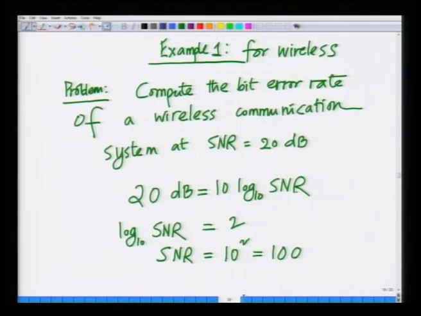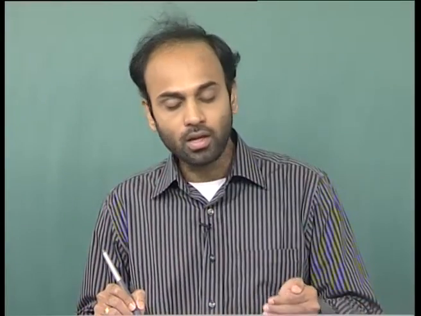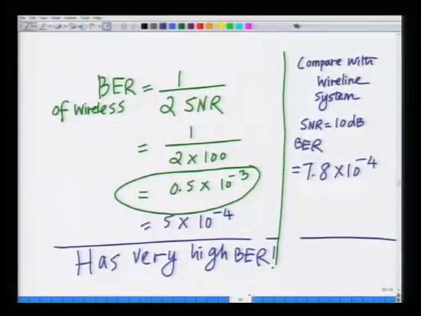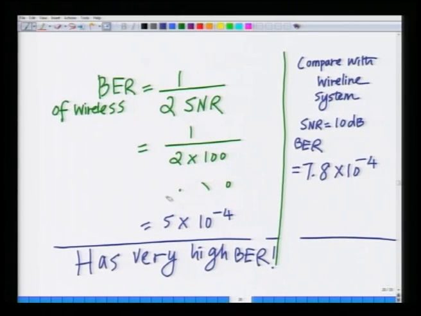I also did an example where I said compute the bit error rate of a wireless communication system at an SNR of 20 dB. 20 dB SNR corresponds to 10 squared or 100 in linear SNR, and I derived the BER as 1 over twice SNR. There is a slight typo in this, so let me correct this right now. The bit error rate is 1 over 2 SNR, SNR is 100.